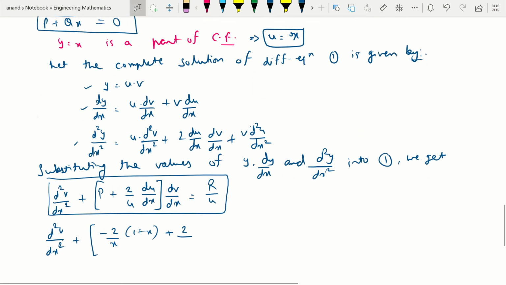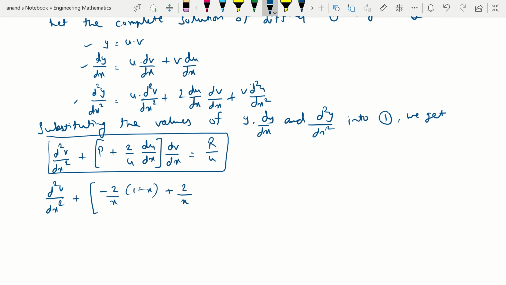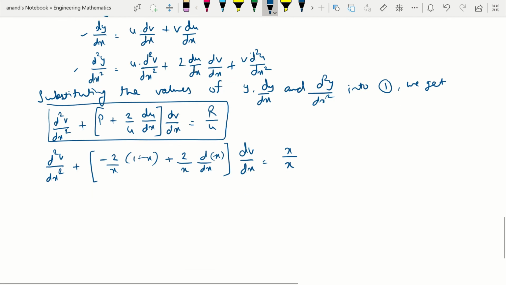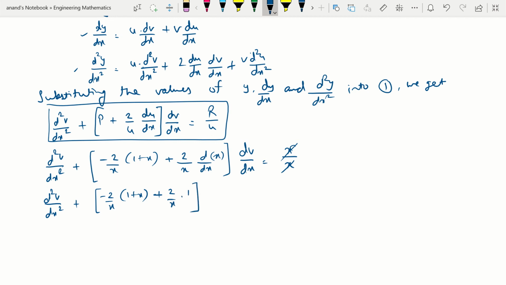In place of u we have x, and du/dx is 1. The right side is R/u, which is x by x, since the value of R is x and u is also x. So here we get d²v/dx² + [−(2/x)(1 + x) + (2/x)·1] dv/dx equals 1.